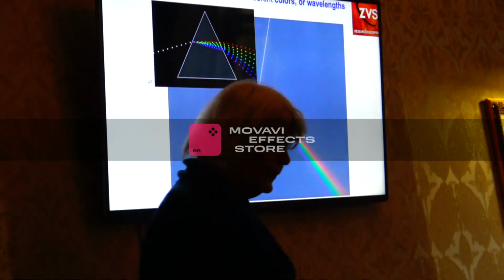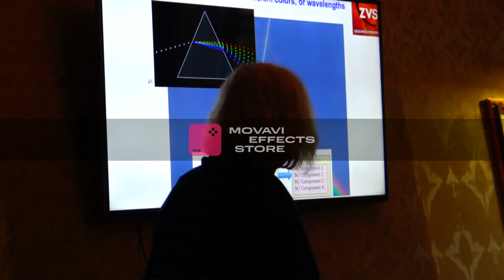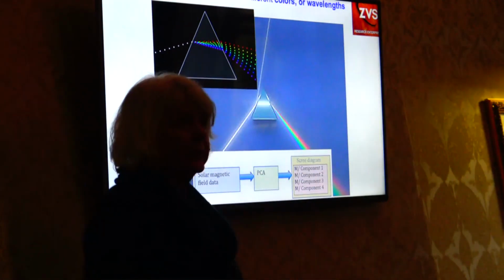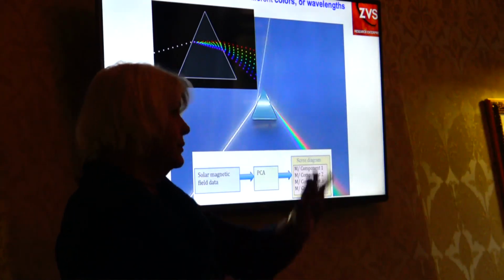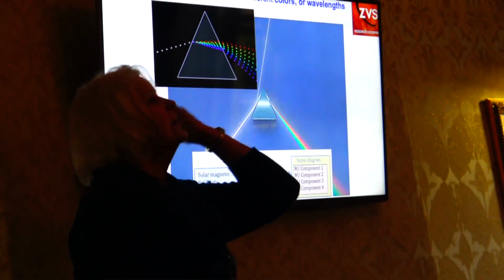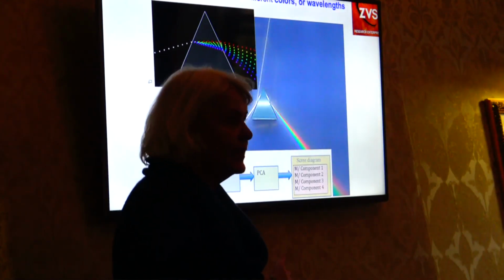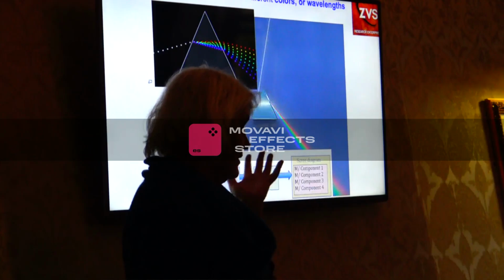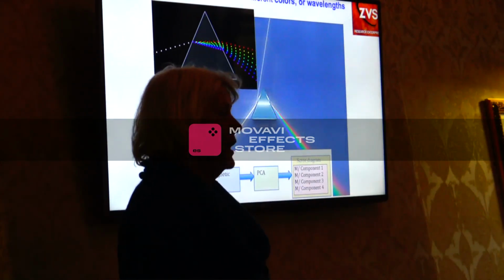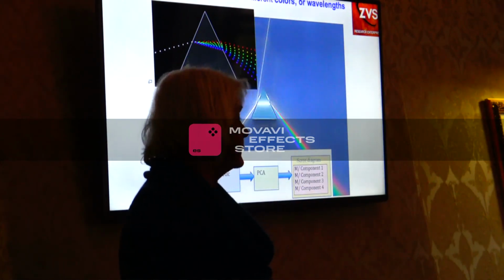And for magnetic field, the only thing that works is principal component analysis. It is not a brand new analysis. It was invented in 1901, so when I started using it in 2010, it was 110 years later, and many people used it for everything.